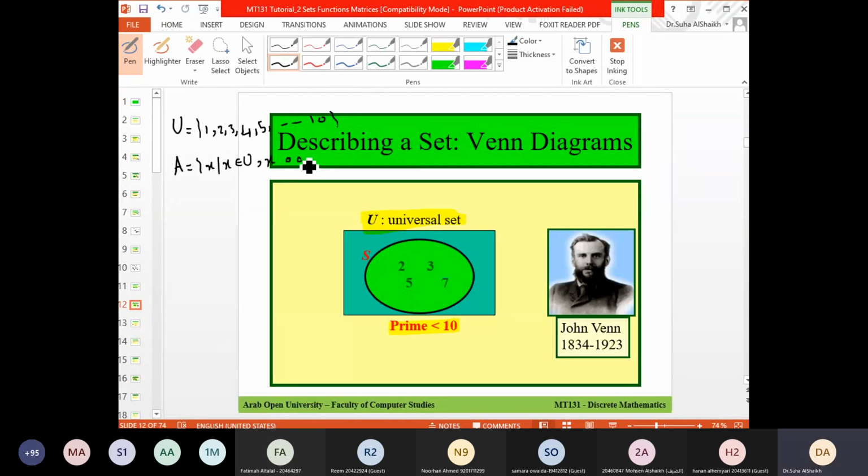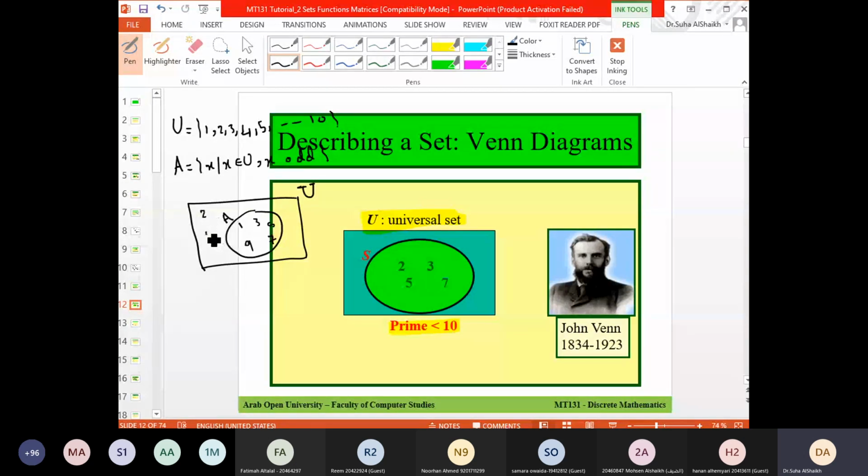And X is odd. This will be my U here. U is all the numbers from 1 to 10. And A is my set that has all the elements that are odd. So inside I will have 1, 3, 5, 7, 9.